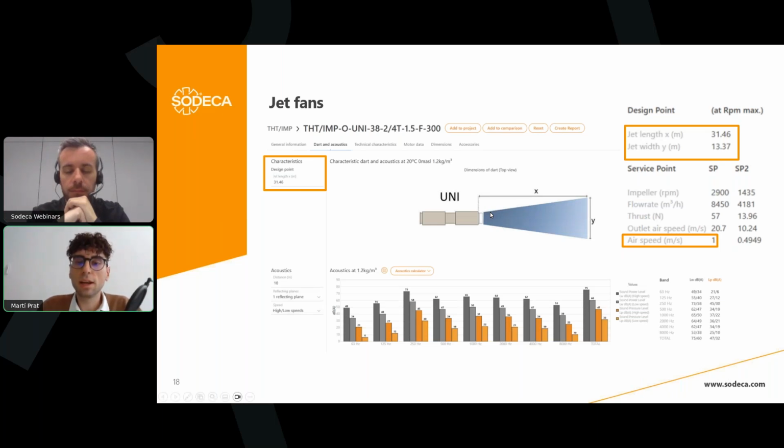We say that the cone ends when it gets to an airspeed of 1 meter per second, because we said that this airspeed is not enough to keep moving enough volume of air and keep sweeping the whole car park.